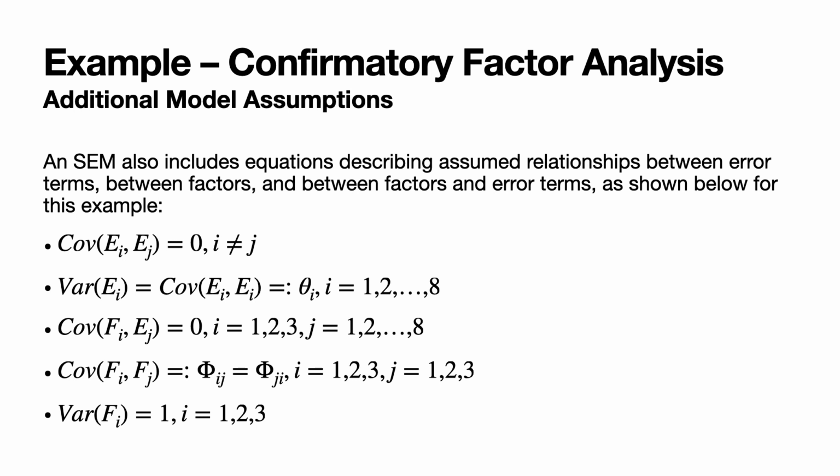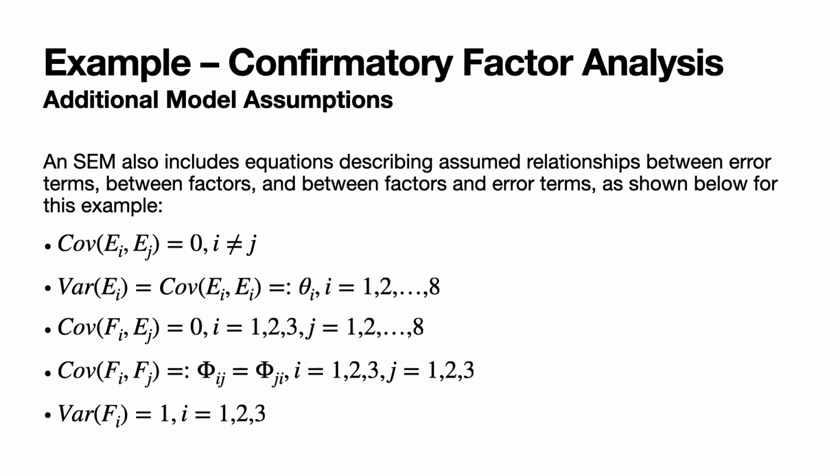We have listed these for this particular model on this slide. The first bullet point shows that we are assuming that the various error terms are pairwise uncorrelated.